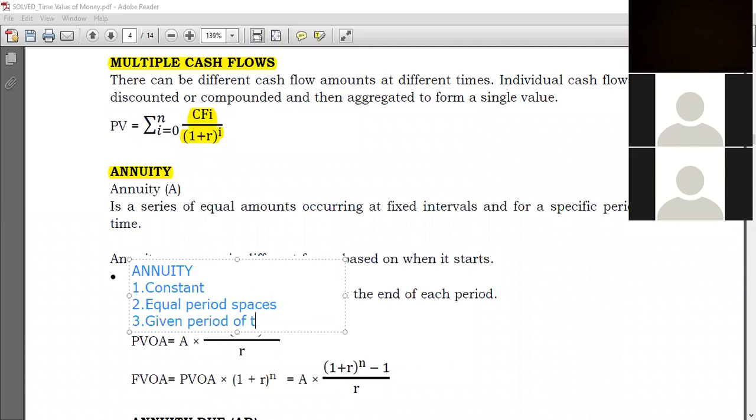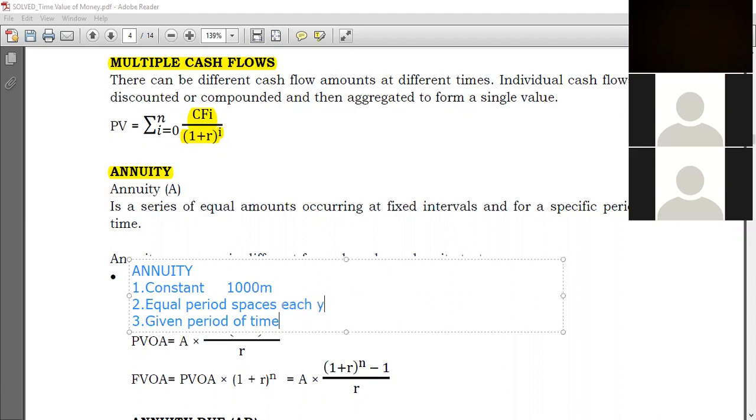If you receive $100,000 at the end of each year to infinity, that's not an annuity. That is a perpetuity. Let's say that you are going to receive $100,000 at the end of each year for a given period of time. Let's say you receive it for 10 whole years.